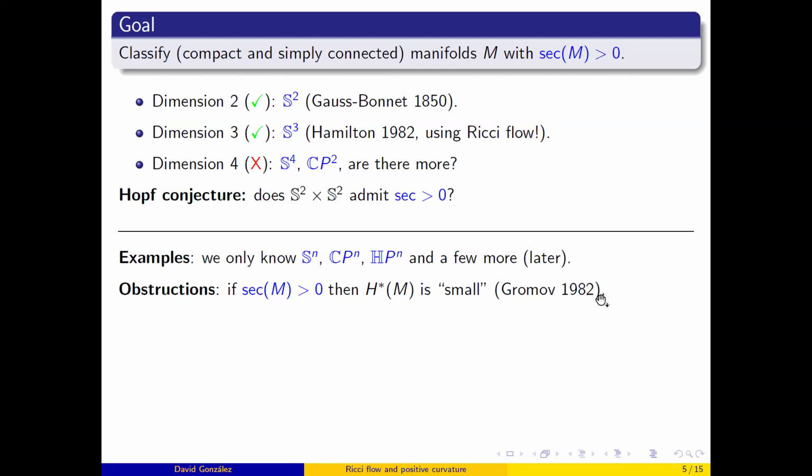So this is a huge theorem, which gives some non-examples. It gives some manifolds that cannot admit positive sectional curvature. But the state of the field is that for most manifolds, we cannot say if they admit or not a metric of positive curvature.